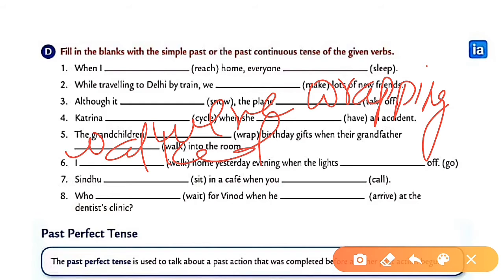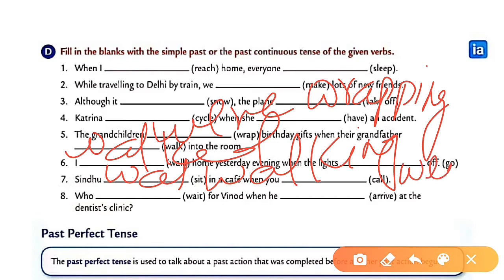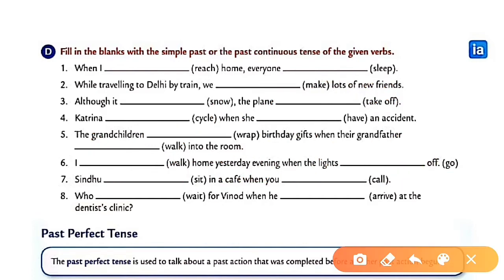Number 6. I was walking home yesterday evening when the light went off. W-E-N-T, went off. Move to next, number 7. Sindhu was sitting in a cafe when you called.